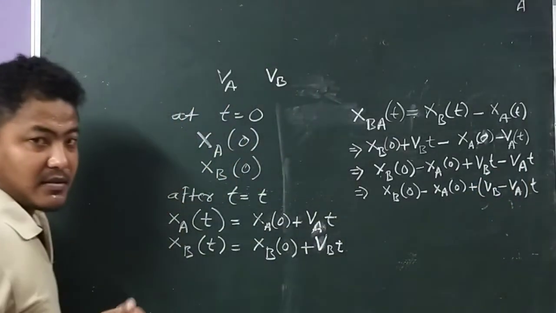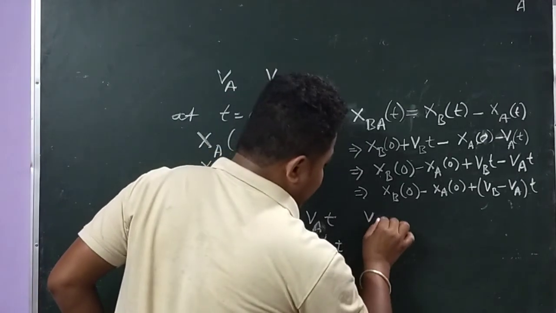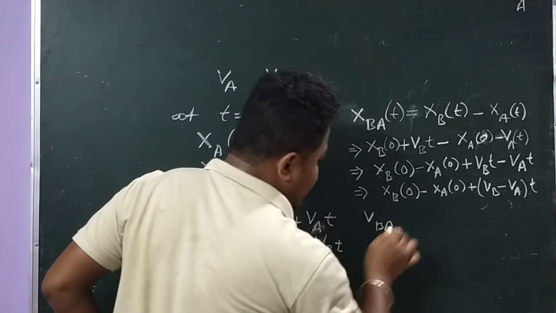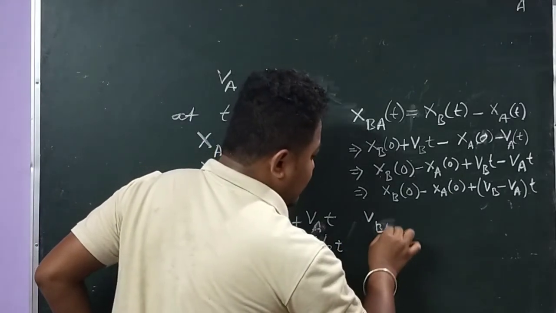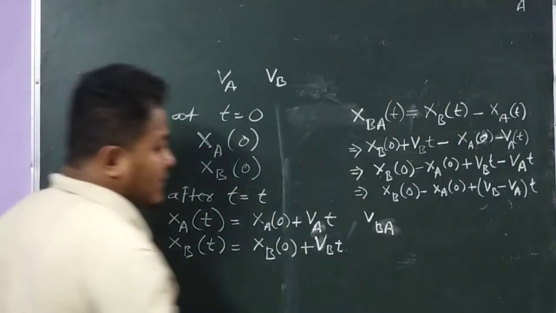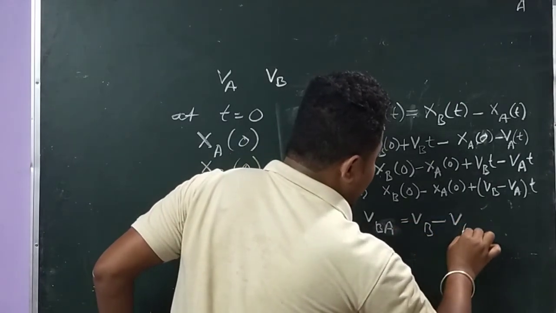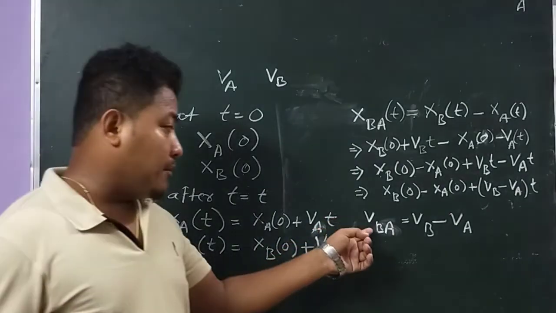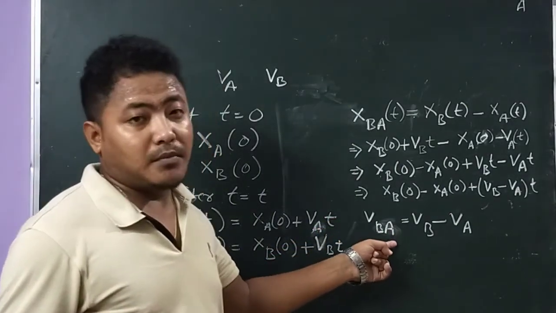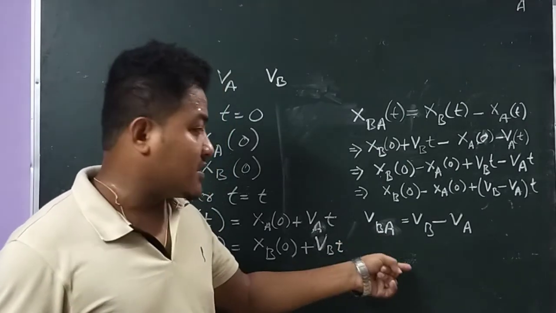So I can write now that VBA, that means velocity of, this is VBA. So VBA will be equal to VB minus VA. Velocity of B relative to A. How can you express?